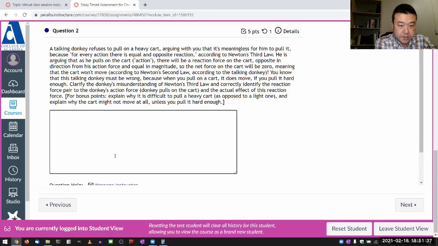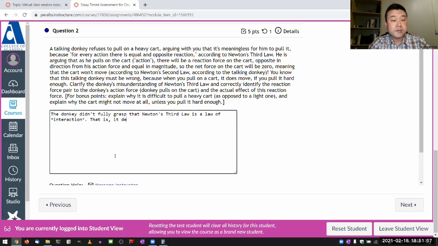So, the donkey's misunderstanding of Newton's third law. The donkey didn't fully grasp that Newton's third law is a law of interaction.